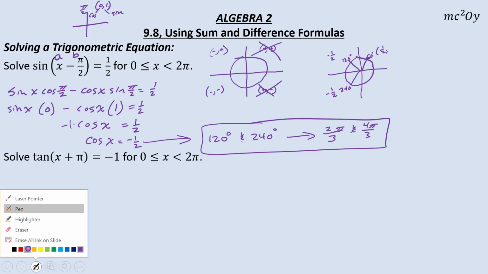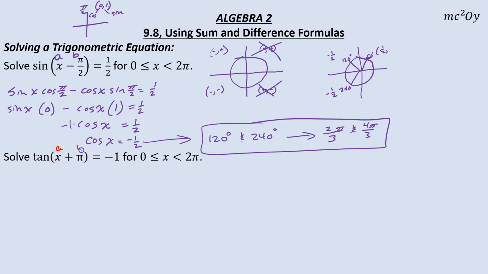Dealing with tangent here. This is my A, this is my B. So I have the tangent of A plus tangent of B, so tangent of x plus tangent of pi over 1 minus tan x tan pi equals negative 1. Well, tan x plus tan pi we know is 0.